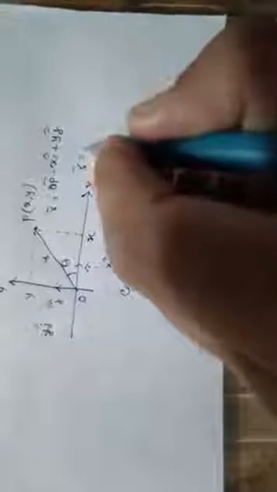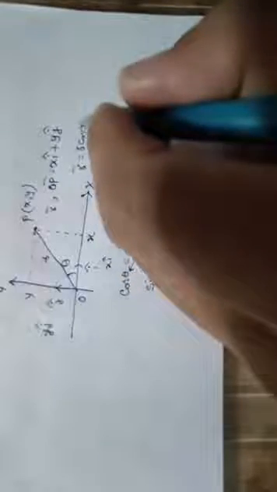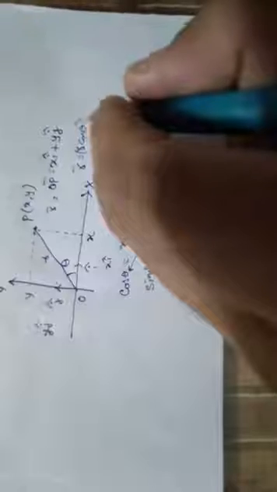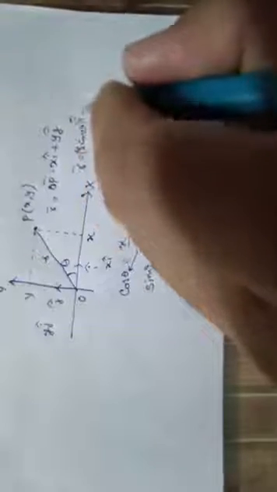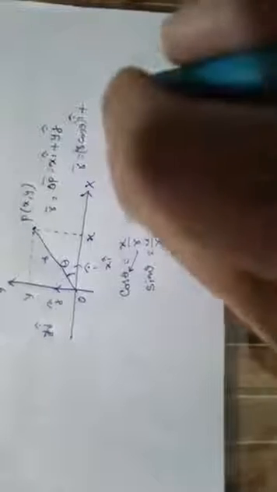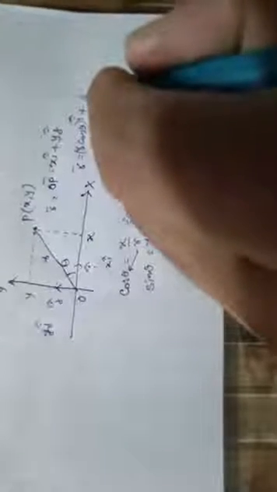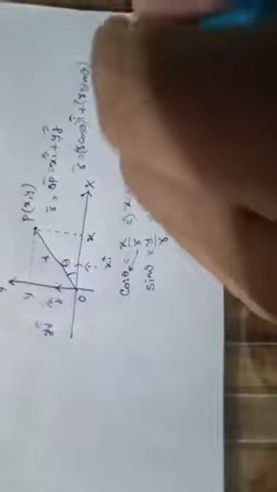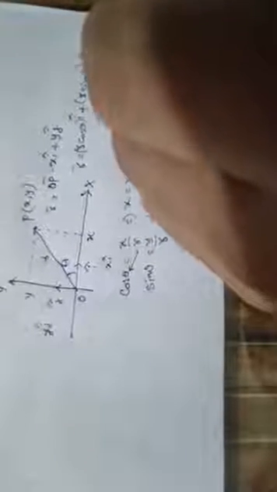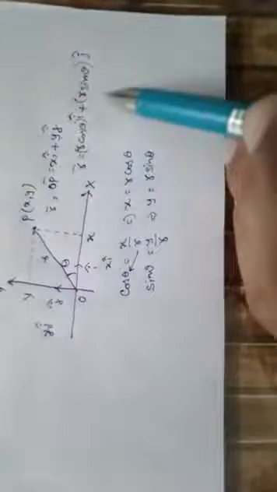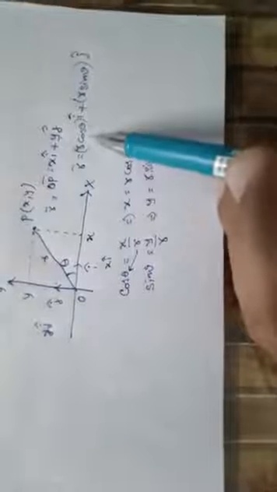So what you will get is r cos theta into i cap, plus, in the place of y, we can substitute r sin theta, so that is r sin theta into j cap.